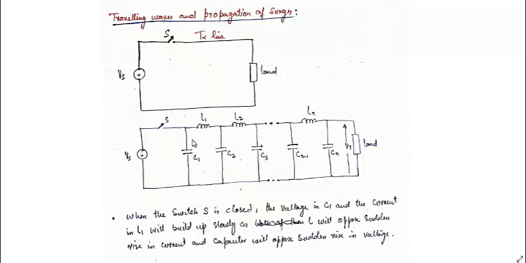Now, since we know that this capacitor will not allow the instantaneous change of the voltage, and this inductance will not allow the instantaneous change in the current, the voltage will build up slowly across this capacitor. When some value of the voltage appears across this, the current will start flowing through this inductor, and that will also be gradual.